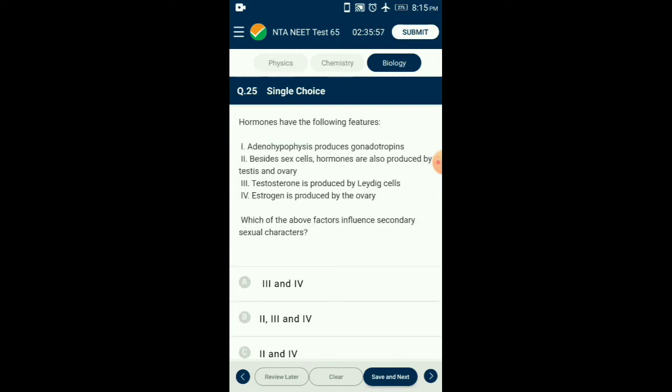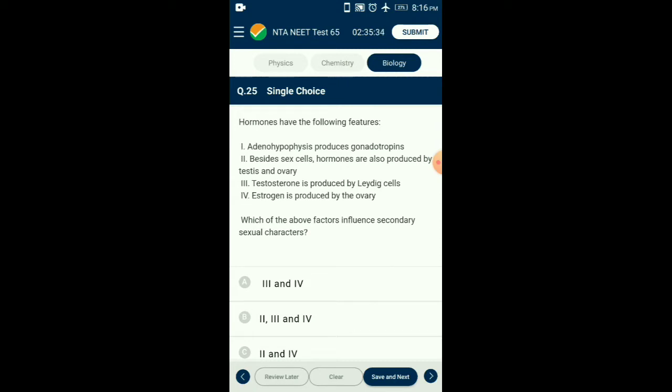Question number 25. Hormones have the following features. Adenohypophysis, or anterior pituitary, produces gonadotropins like luteinizing hormone and follicle stimulating hormone, which trigger the gonads to produce sex hormones: progesterone, estrogen, and testosterone.